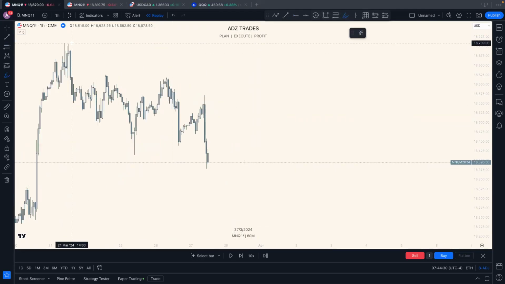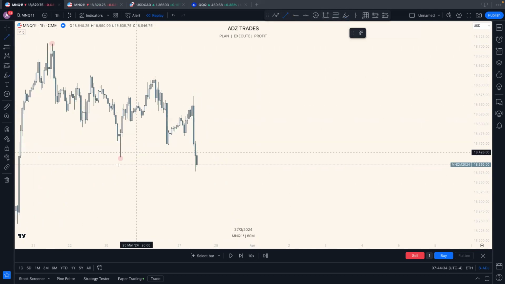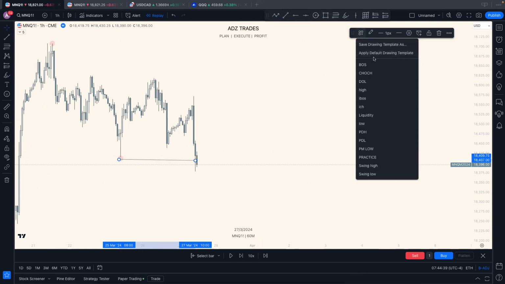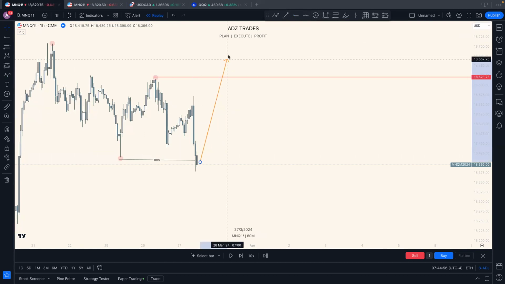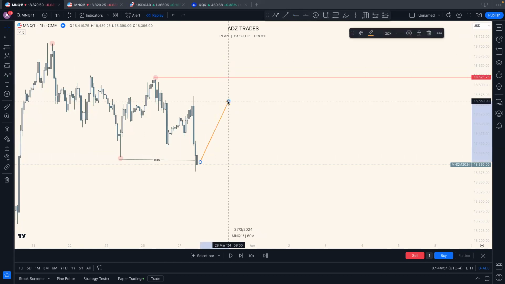Okay, we have a high and we have a low. And we break this low here. Break of structure. Okay, now where is the highest point between this low and where we broke it? It is this point here. So if price pulls back anywhere below this high, that is simply just a pullback, but a candle close above is an actual change of character.